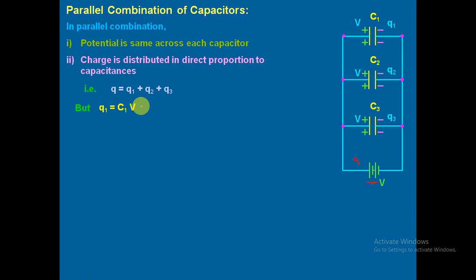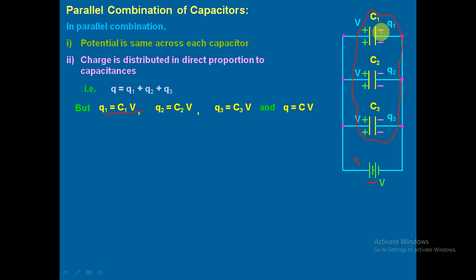But Q1 is what? C1 into V. We are using the same formula of the capacitance. Capacitance is charge per unit voltage. So Q1 is C1 into V, Q2 is C2 into V, Q3 is C3 into V, and Q is C into V. C is what? C is the total or net capacitance of the combination.